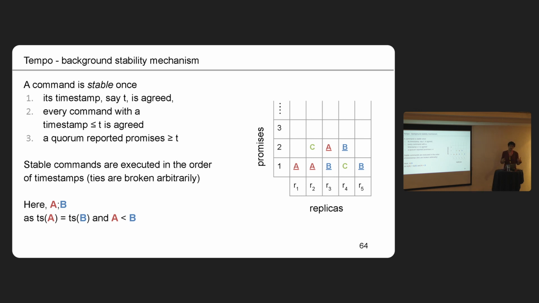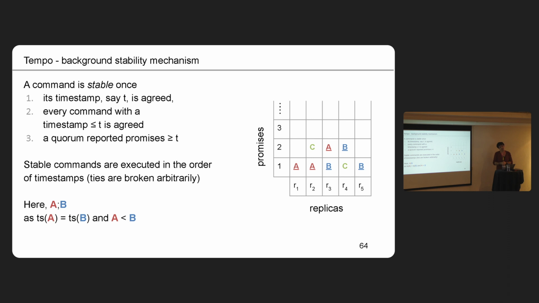So to do this, what you execute at each replica is the following. First, you need to agree on the timestamp, and then you also need to know all of the commands that have a lower timestamp.